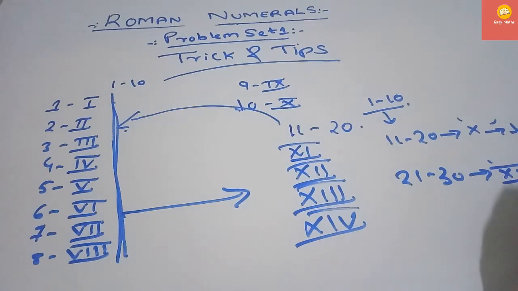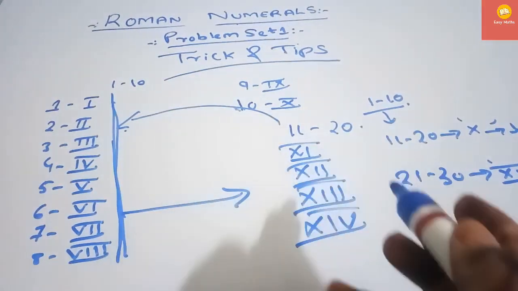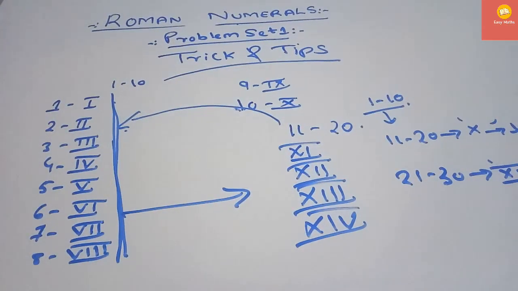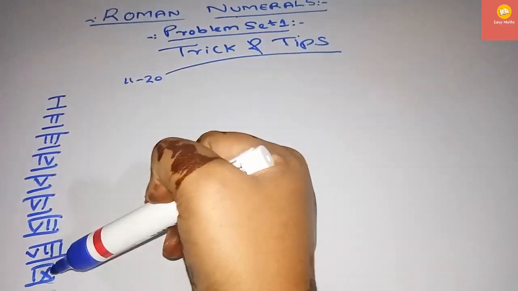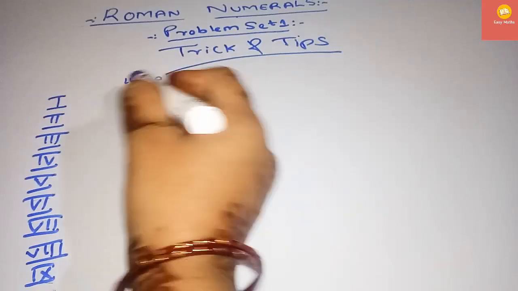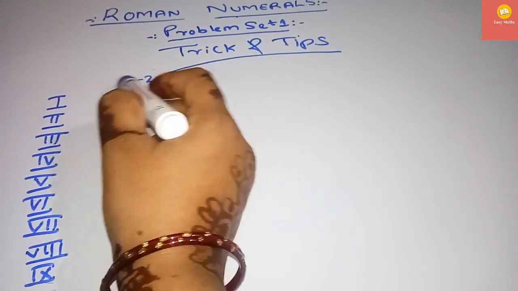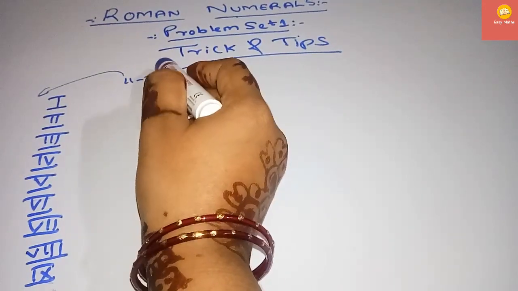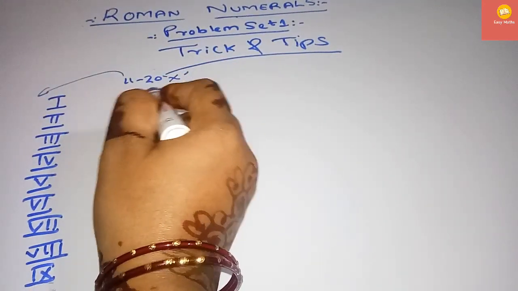Okay, so let's write down the numbers within a few minutes. Okay, I have written Roman numbers from 1 to 10. Let's write down from 11 to 20. What I have said, just put X on the left hand side. So start putting it.